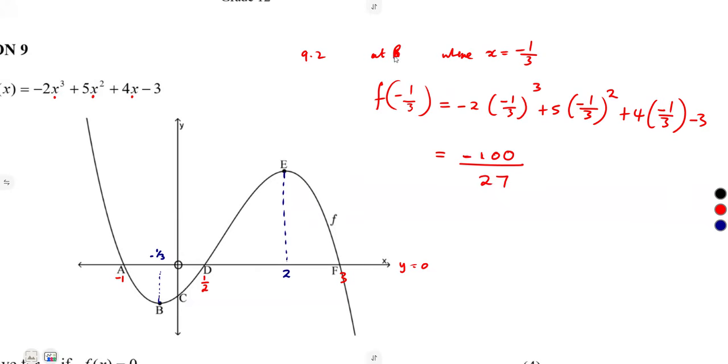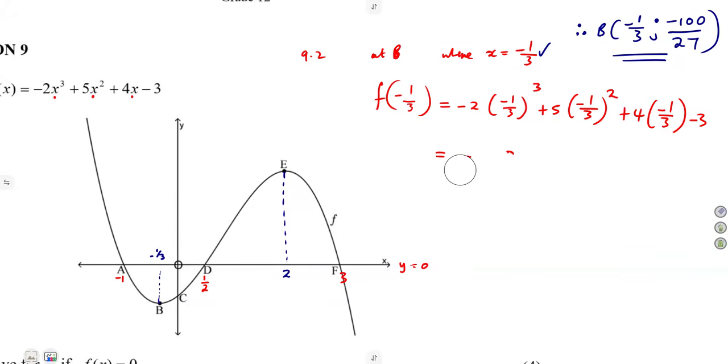That's the coordinate, the point B. So our B is going to be given as x is minus a third, and y is minus 100 over 27. That's for the point B.